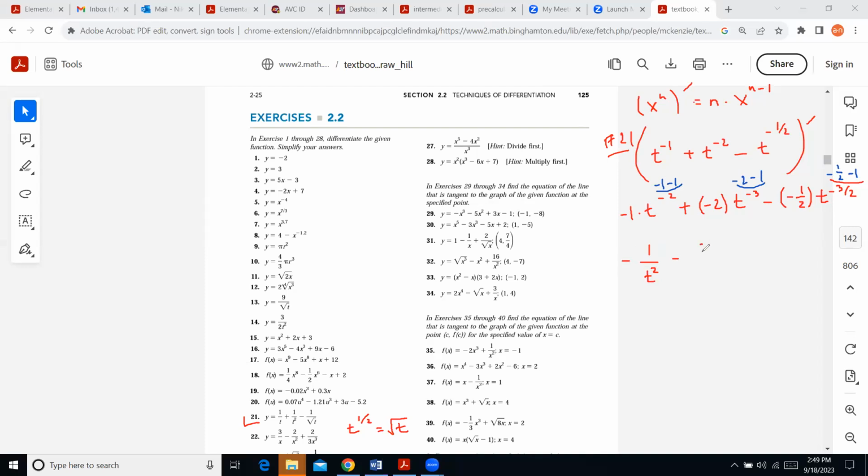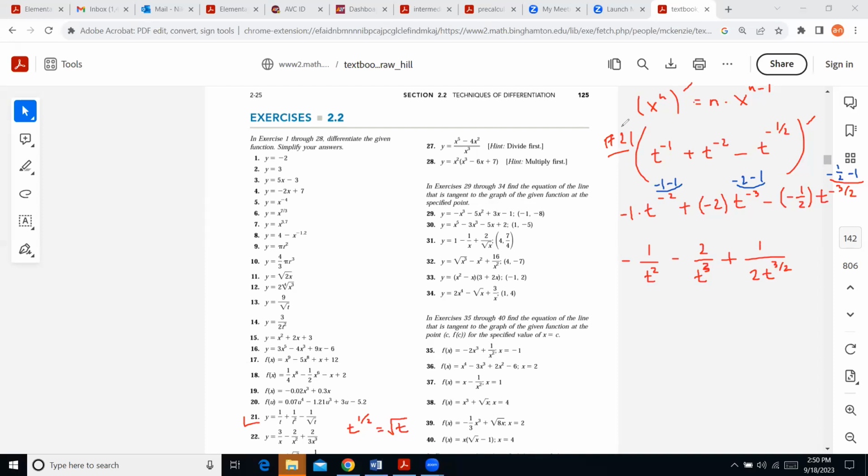Next, I'm going to have a -2, which is divided by, because of the negative, power of 3 in the denominator, right? So it goes down. Now we have a positive 1 on the top and 2 goes down, and the power of t I can write as 3/2, for example, just like that.